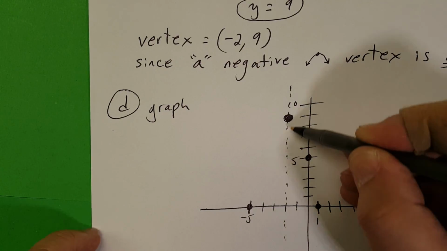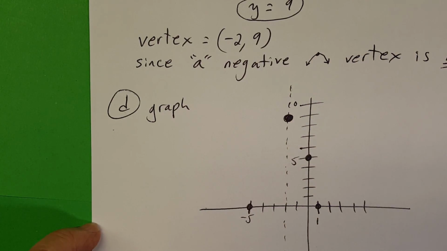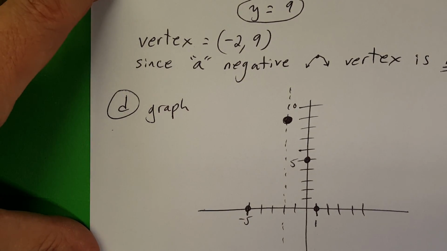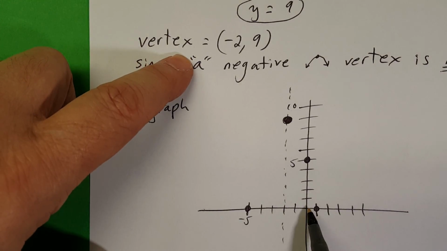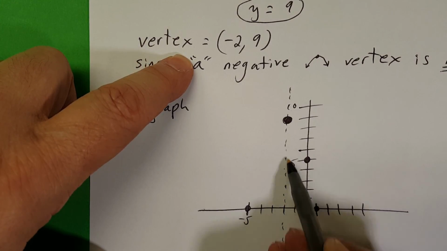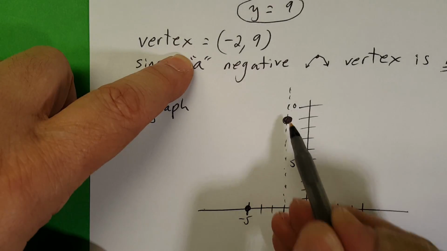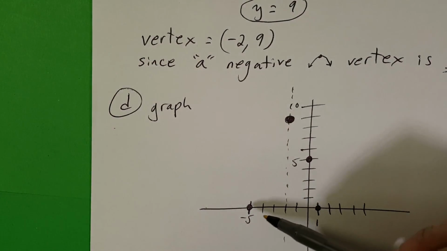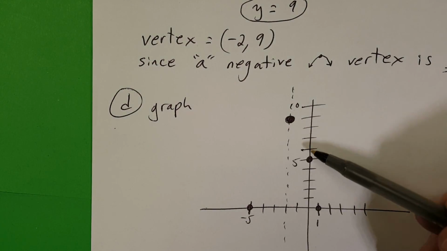So draw a dotted line there at -2. Did we not find in part C that the vertex is at -2, 9? -2, 9, that's the vertex. So you can see what the parabola is going to look like.